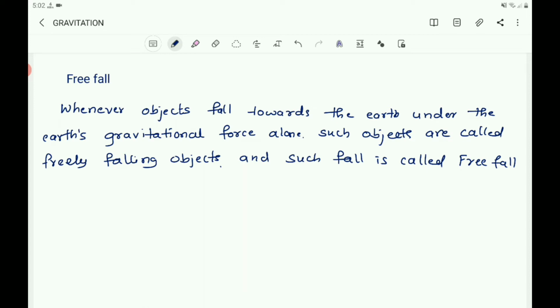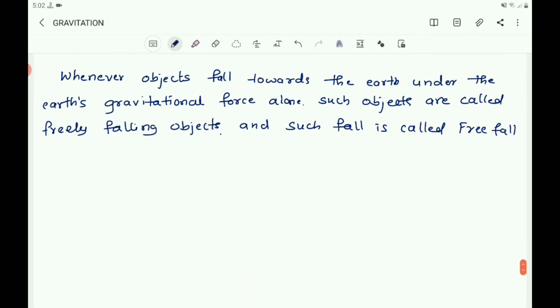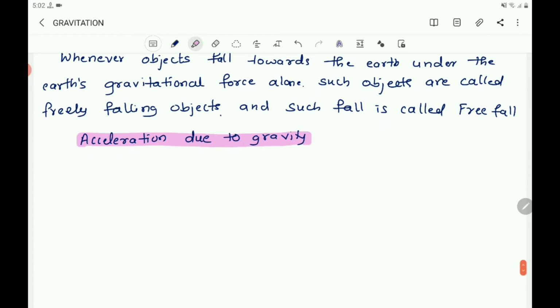So you write that the acceleration with which an object falls towards the earth due to earth's gravitational pull is called acceleration due to gravity. Its symbol is g. So you write, acceleration due to gravity.